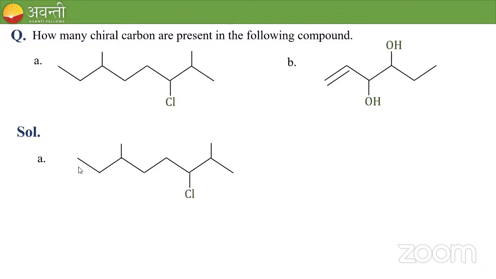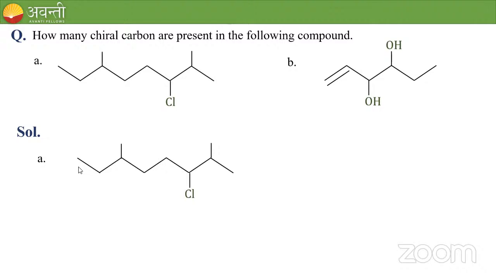Suhra is saying that we have 8 chiral carbons. No. Chiral carbon means the carbon should be attached with 4 different atoms or groups. How come 8 chiral carbons? Answer 8 is incorrect. Check once again.